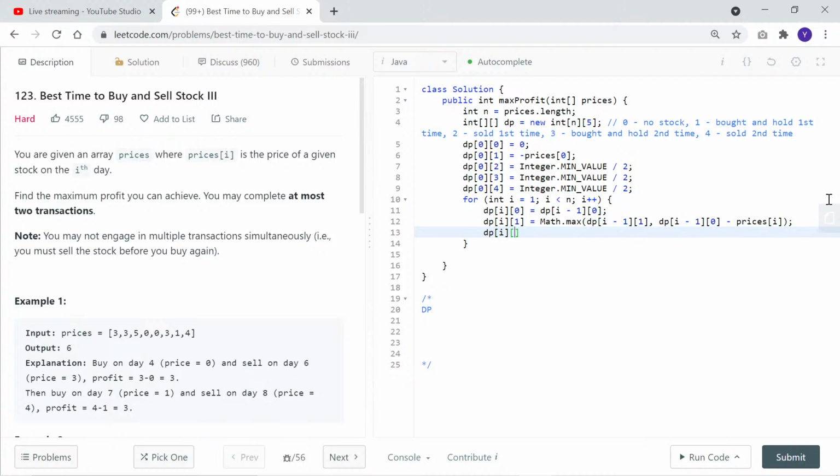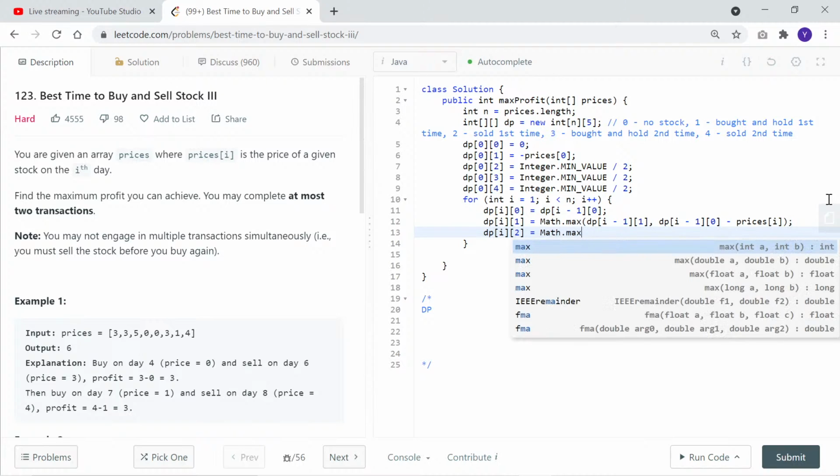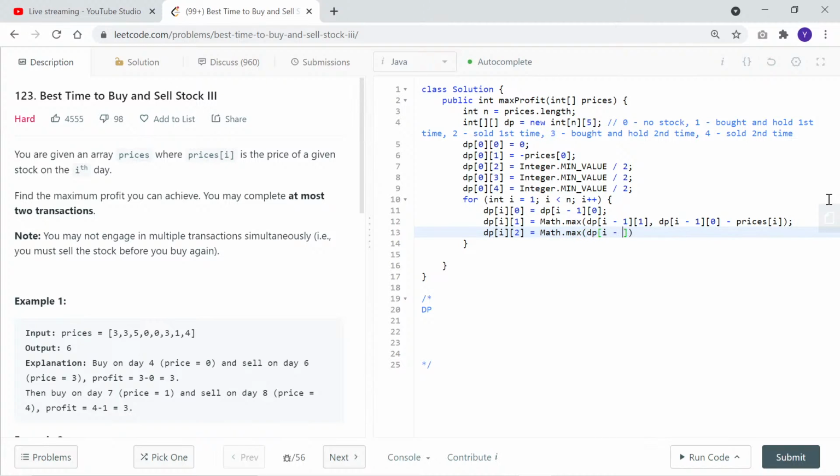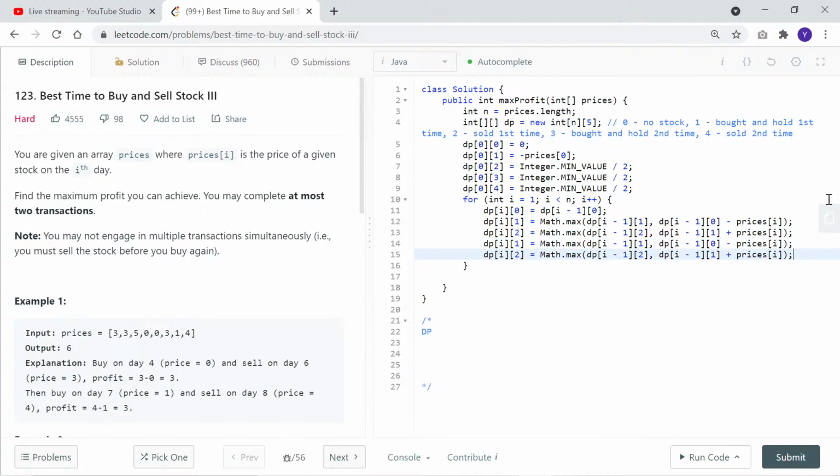Then dp[i][2] is sold the first time. This can come from dp[i-1][2], where the state is already 2 on day i-1. Another possibility is that on day i-1 we are still holding the stock, but we sold on the ith day. And there are also 3 and 4, which are similar to 1 and 2 except they are doing the second time.